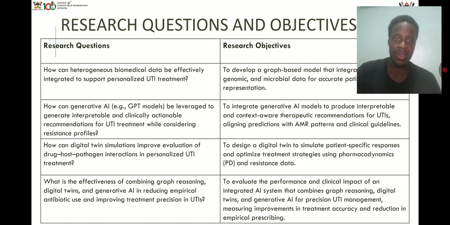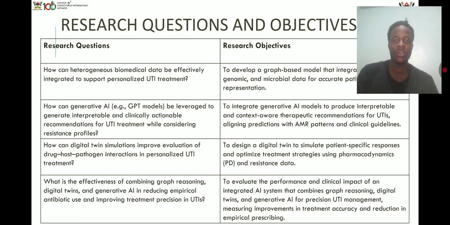The next question is, how can generative AI, for example GPT models, be leveraged to generate interpretable and clinically actionable recommendations for UTI treatment while considering resistance profiles? Our objective is to integrate a generative AI model to produce interpretable and context-aware therapeutic recommendations for UTIs, aligning predictions with AMR patterns and clinical guidance.